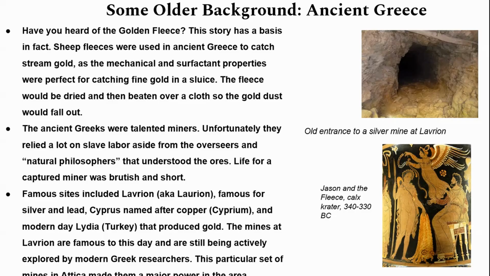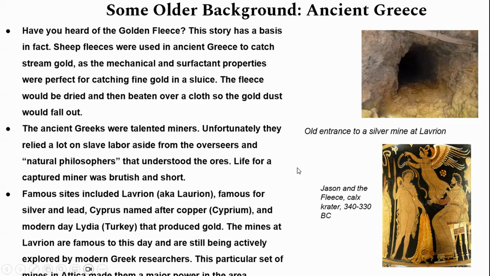The mines at Lavrion are famous to this day and are still being actively explored by modern Greek researchers. This particular set of mines in Attica made them a major power in the area because those mines were producing gold for sure, but also silver, lead, zinc, and other things.